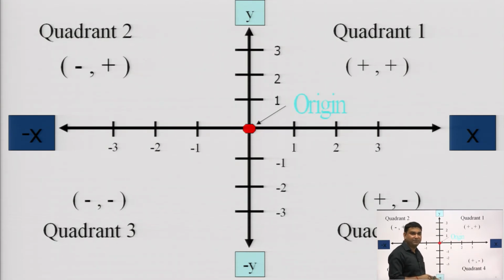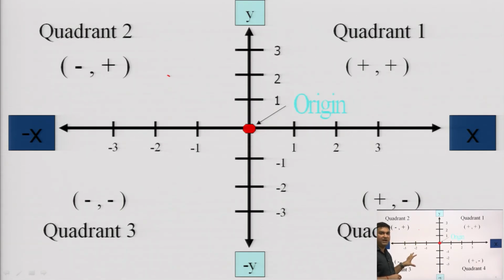y axis, and on the basis of these positive and negative x and y axis, we divide this whole coordinate system into 4 quadrants. The first quadrant, quadrant 1, which defines the x and y in positive and positive. The second quadrant, which defines the x in negative and y in positive.